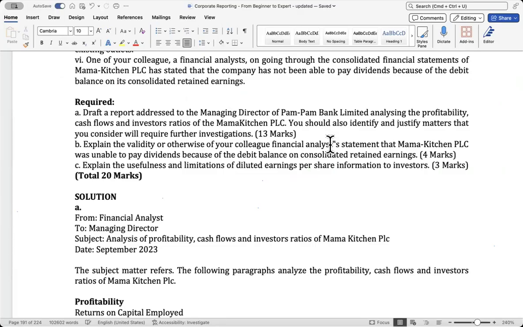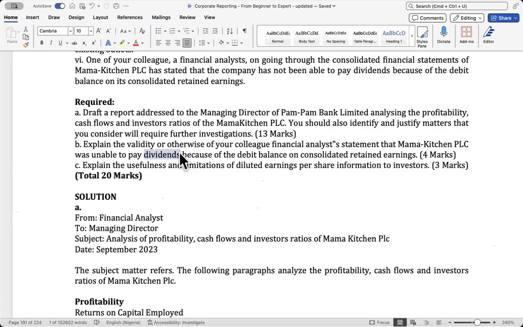Okay, so in order not to waste our time, the way you respond to this, you get 4 marks from here, is you tell them that dividend is paid based on individual entities' performance, not on consolidated performance.